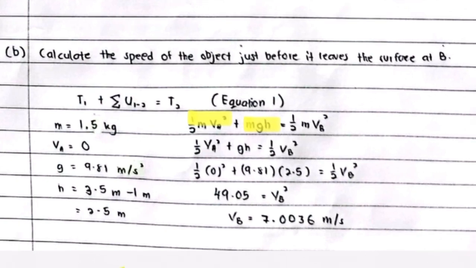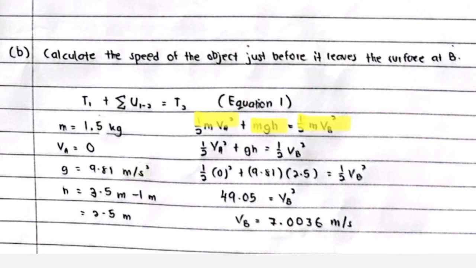So the object will have potential energy, and at the last moment before it leaves surface B, the object is moving, so it will have kinetic energy, and we can find the velocity of the object when we solve the equation.